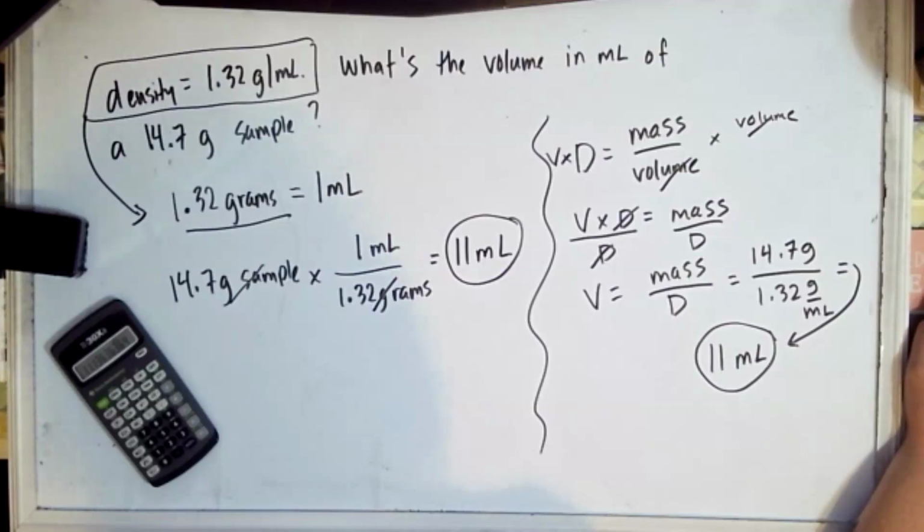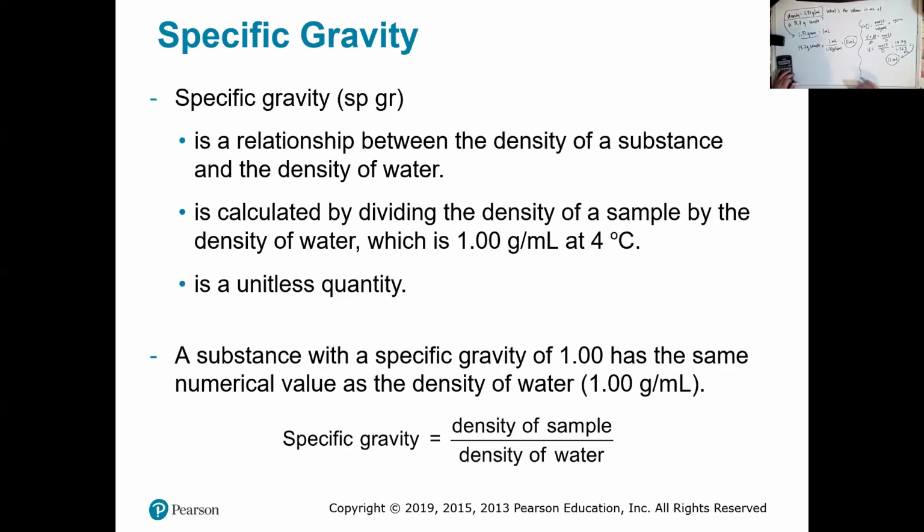All right, the last topic that we want to look at, before we do our last round of examples, is specific gravity. I'm going to bring the slides back up. Specific gravity looks at the relationship between the density of any substance as it compares to the density of water. You calculate the specific gravity by taking the density of your sample and dividing it by the density of water.